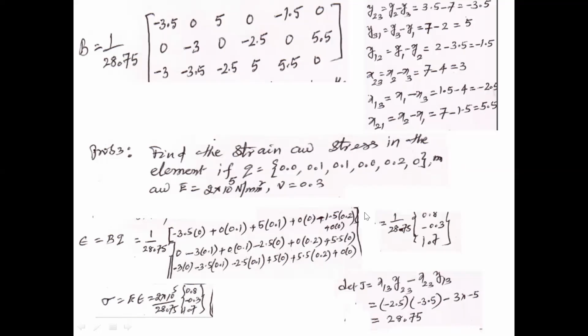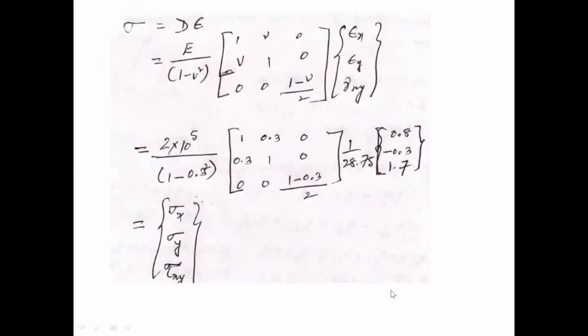So when you multiply with Q's, then you have 1 by 28.75 times the Q matrix, where Q's values are substituted. Once you substitute them, you have 1 by 28.75 into displacement. You can get strain.